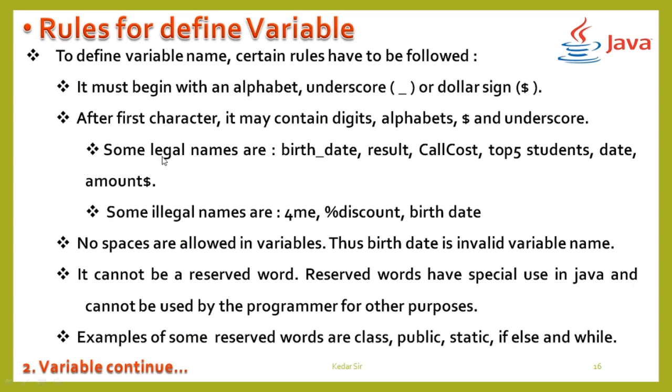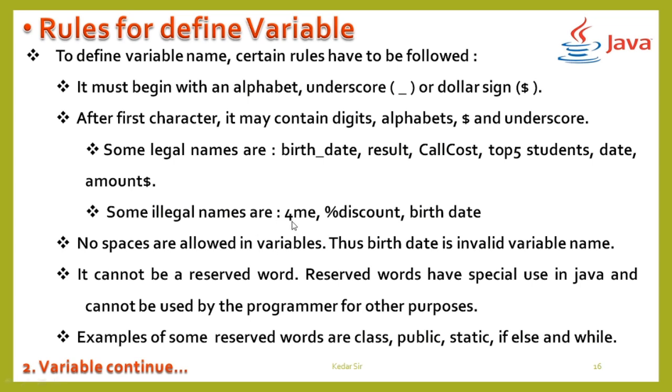So the first character of your variable must begin with an alphabet, and here the legal names are given: birth_date, result, call_cost, top5students, date, and amount. These are the legal variable names, and these are some illegal variable names: 4me, percentage discount, birth date.